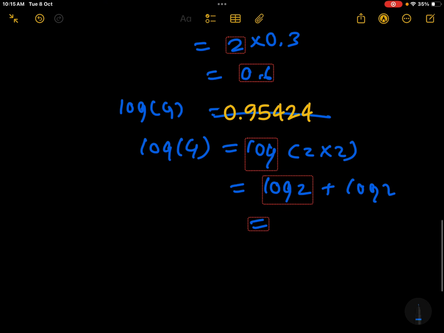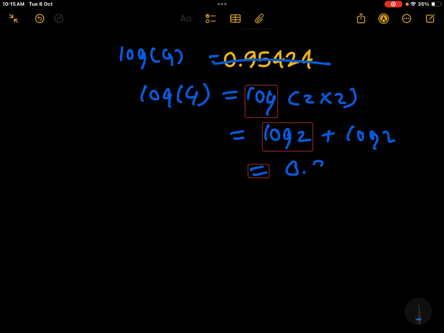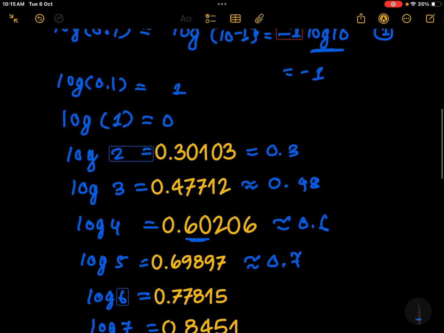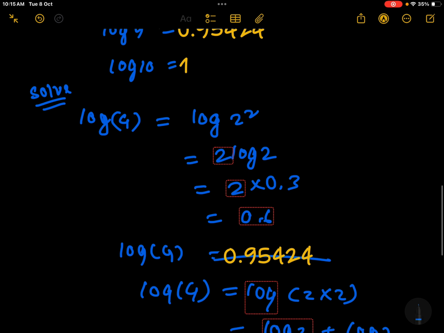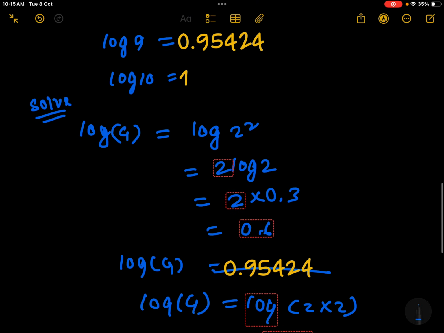We are using the property log a into b. 0.3 plus 0.3, we get 0.6. You can solve all the values, but you have to remember the basics, like log 1, log 2, log 3, or you can actually remember up to 10, because this is very useful for physical chemistry.